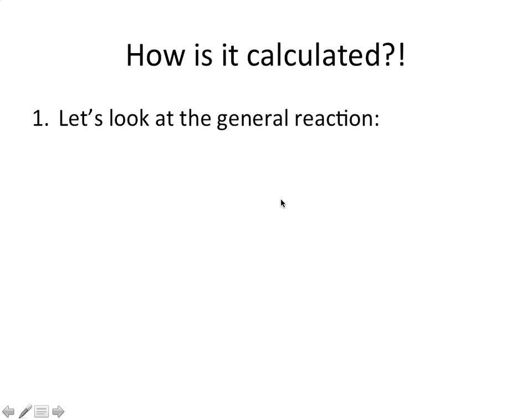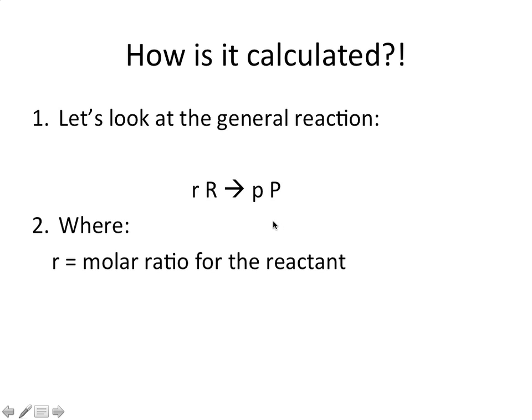So how is it calculated? First of all, we need to know what some different letters represent. If we have a general reaction where we have some reactants forming some products, the little r stands for the mole ratio of the reactant. Now most of the time we're dealing with more than one reactant, but here we're just simplifying it. We're saying I have one reactant, I'm forming one product. The molar ratio is that lowercase value there.